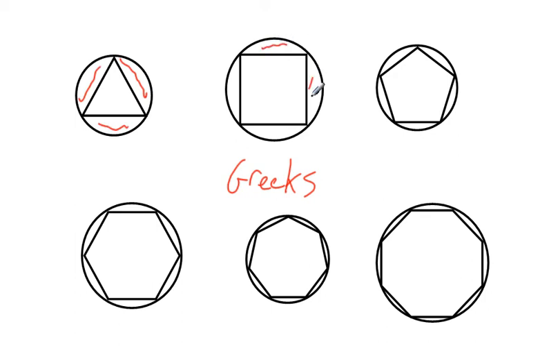Increase the number of sides, the underestimation becomes a little smaller, and then that continues on the rest of the shapes to a pentagon, to a hexagon, and you can see this underestimation is getting smaller and smaller as we go along. Then I quit right here in the octagon. This is an 8-sided figure, and it's pretty good.